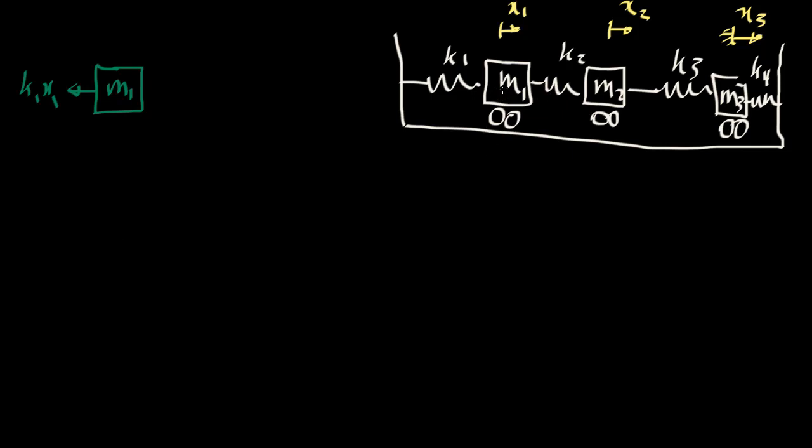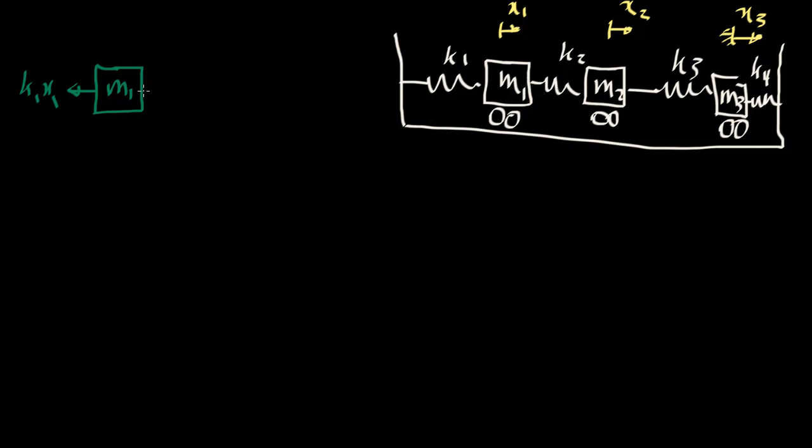Well, it depends on how much x1 and x2 are. If x2 is larger than x1, that means this mass goes to the right, and this mass goes to the right again. If this mass goes to the right more than this mass does, then the spring is stretched. The stretched spring wants to go back to its rest position, and that means the force of this spring would be to the right.